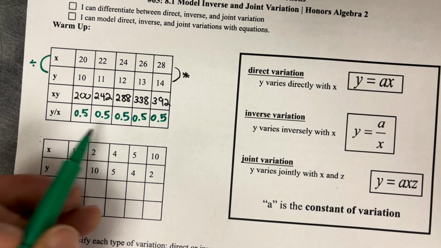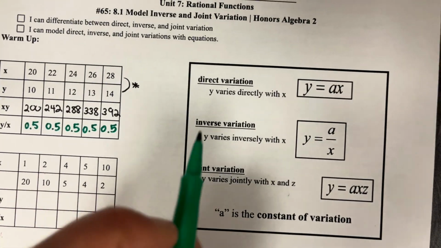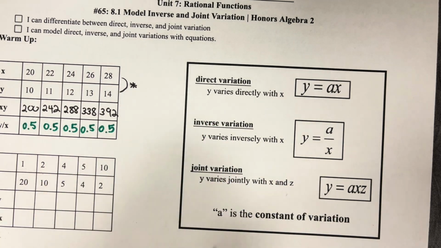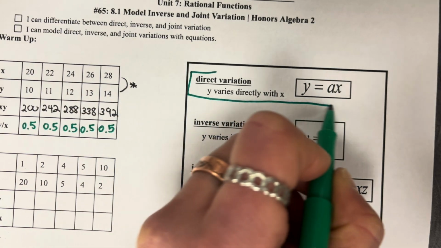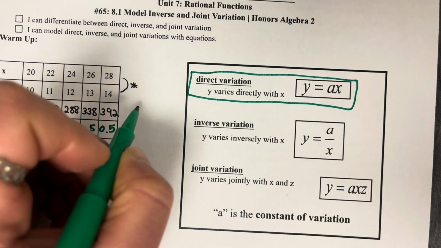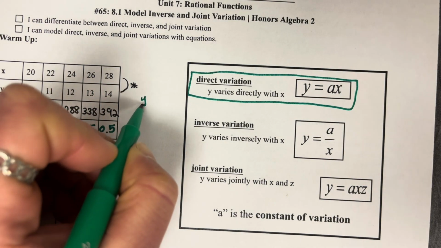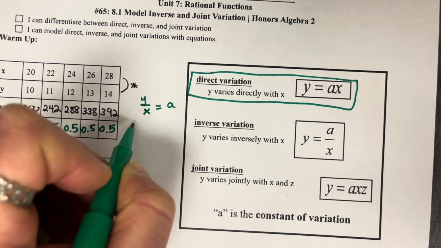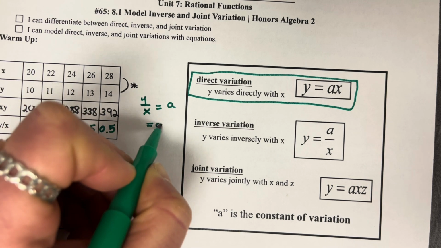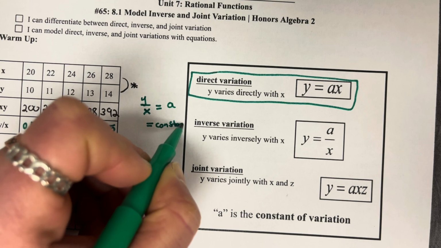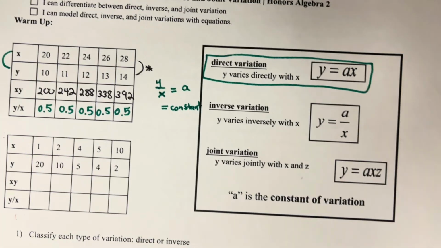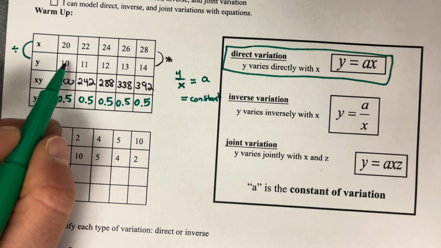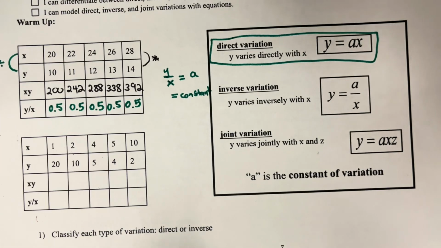And since y over x is a constant, this is going to be what's called direct variation, and it matches with this equation. So basically you can always multiply x by 0.5 and you'll get y. That's direct variation.